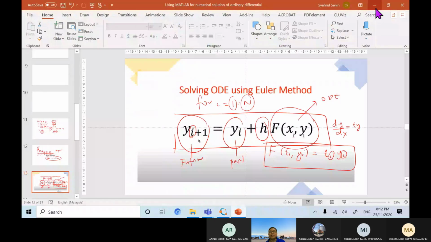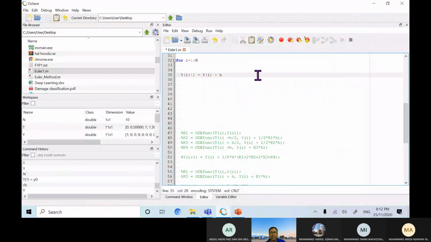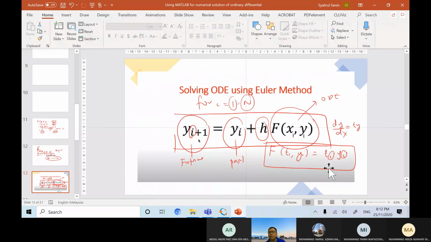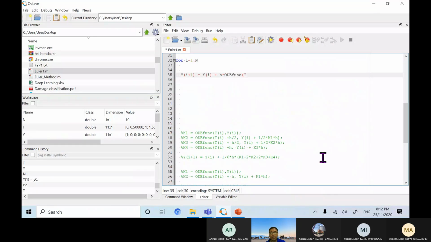Okay, function ni saya bagi satu nama lah. Katalah function ni ODE func. Okay, ada berapa input? You ada dua input iaitu ti and yi. So yang ini pun kena masuk you punya ti and yi.